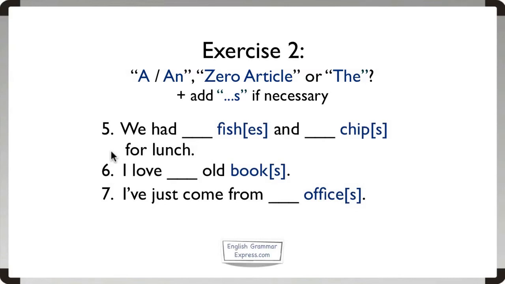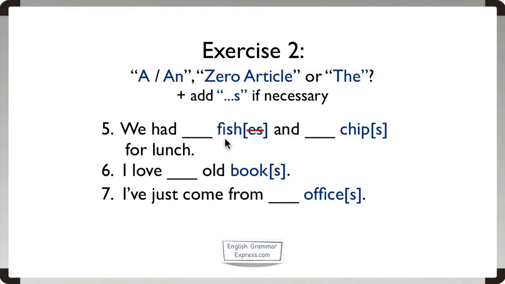Sentence number 5 now. We had something fish and something chip for lunch. And the first question is, should this go into the singular or into the plural? Well, fish is usually uncountable, so we can't put it into the plural. The next question is, are we talking about fish in general or in particular?